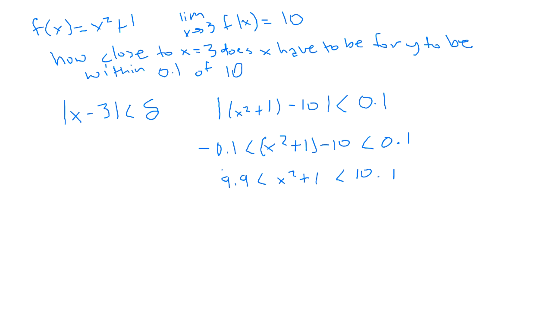So what we can do is set up two equations. We can set up x squared plus 1 is equal to 9.9 on one side. Then we can take out that 1 and get x squared is equal to 8.9.